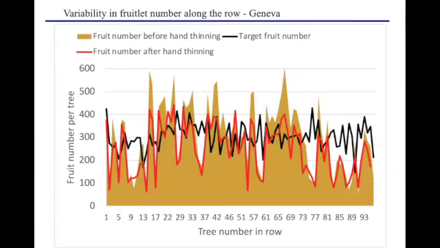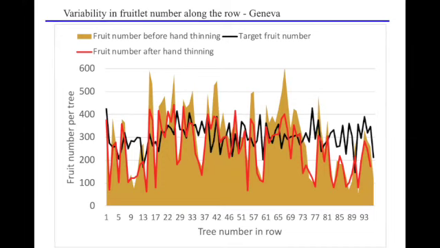So we did this in a couple of places. I'm just going to show one data. We did this in Geneva, and we did it at the Hudson Valley, cooperating with Jared Buono last year. This is a Geneva data. The gold colored line shows the number of fruits that we ended up with after chemical thinning in this particular row of 97 trees.